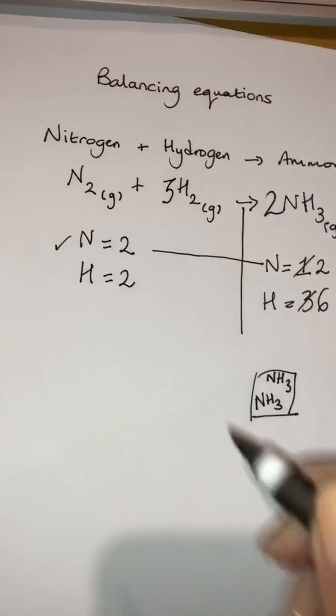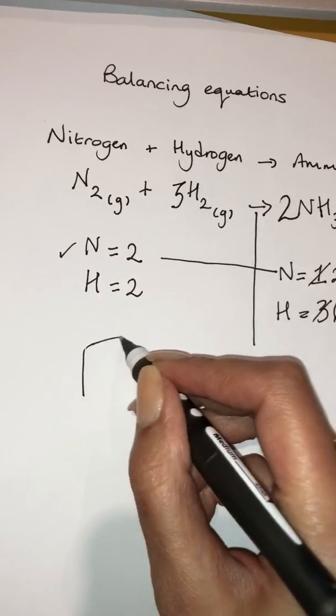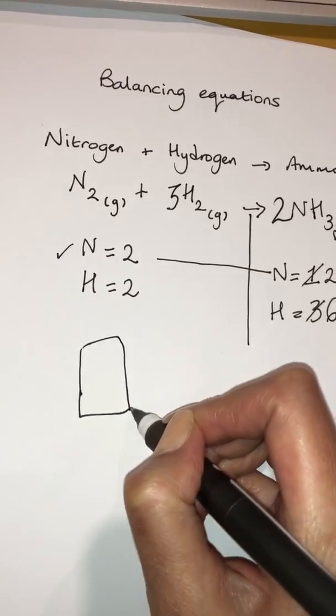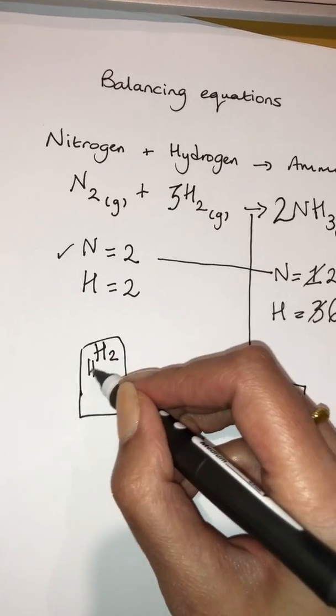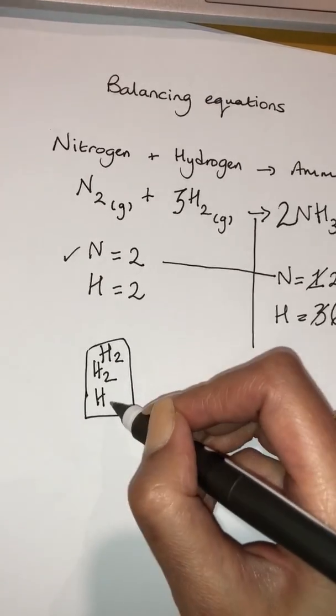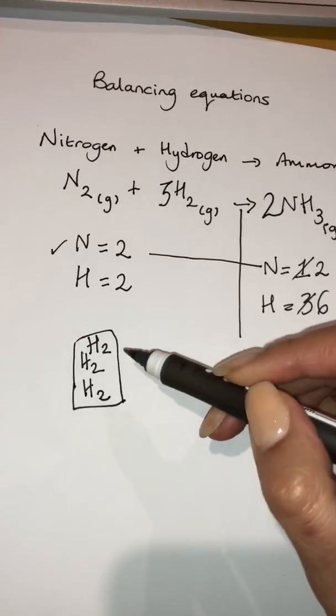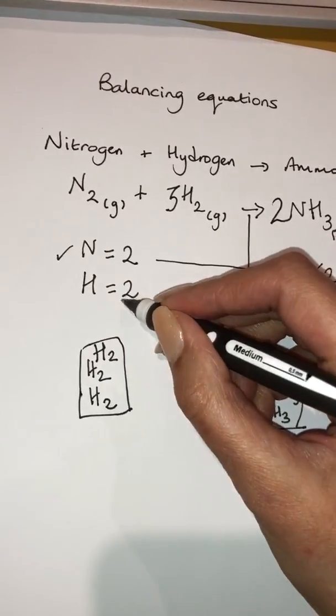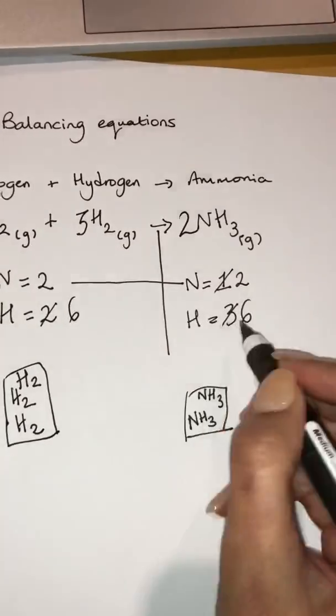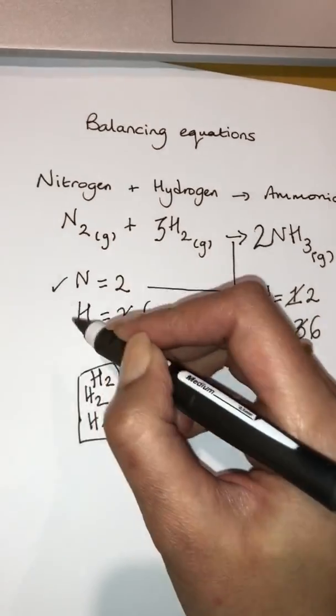So I can add a 3. So what I'm saying here essentially is, in this side, my container, I have hydrogen molecule, and a hydrogen molecule. So now I've increased the numbers, 2, 4, 6, easy peasy. This is the same, so now this is your balanced equation.